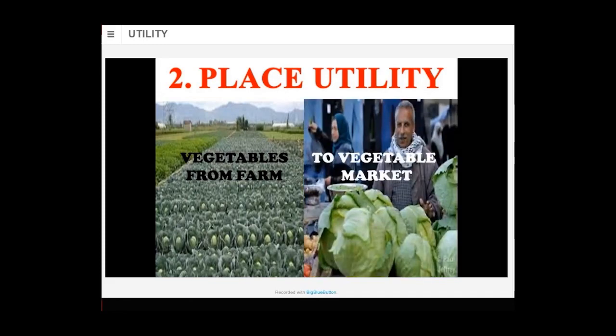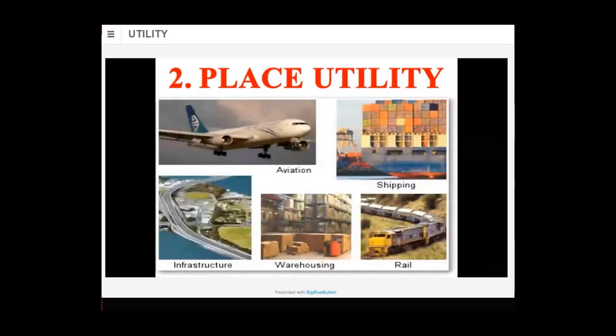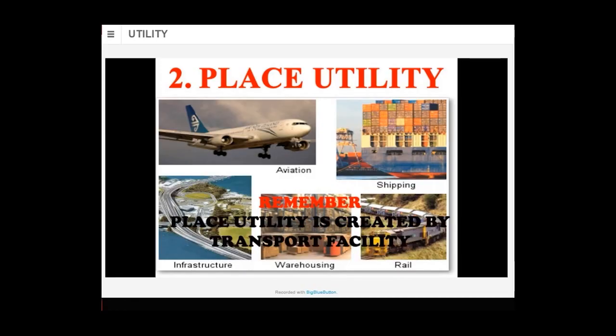Various transportation facilities like air, airlines, waterways, warehousing, railways, infrastructure, etc., are useful for us to create place utility. Remember, place utility is created by transport facilities.